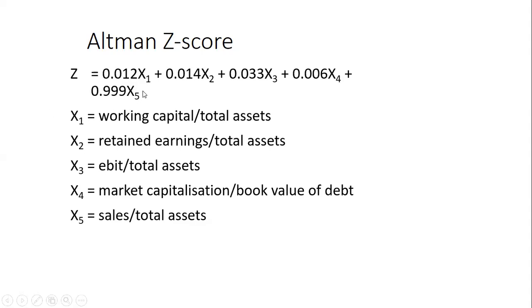So X1, X2, X3, X4, and then X5. And then based on their outputs, when they ran the regression model, they got these weights.